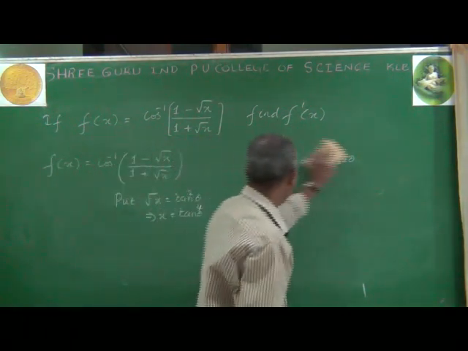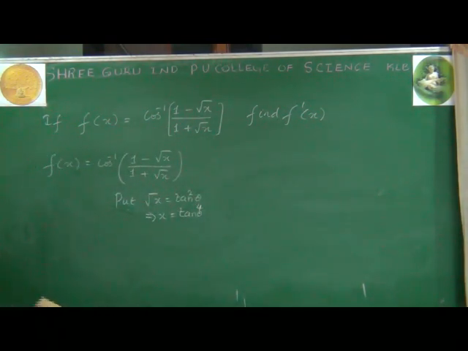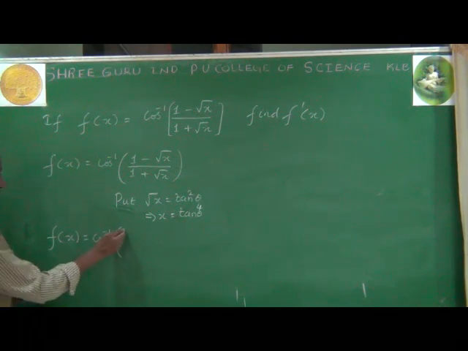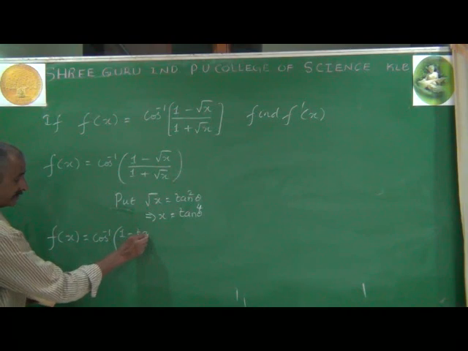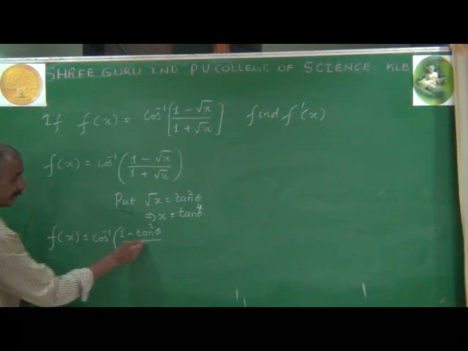So let's put root x equal to tan square theta. Now our f of x becomes cos inverse of (1 minus tan square theta) divided by (1 plus tan square theta).